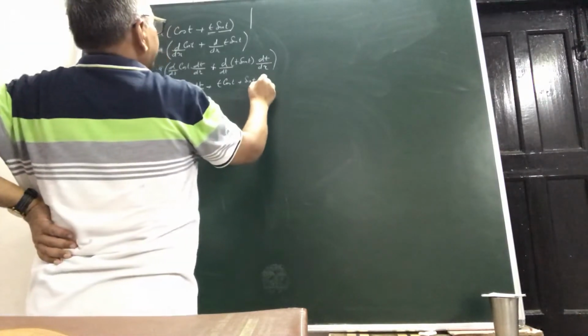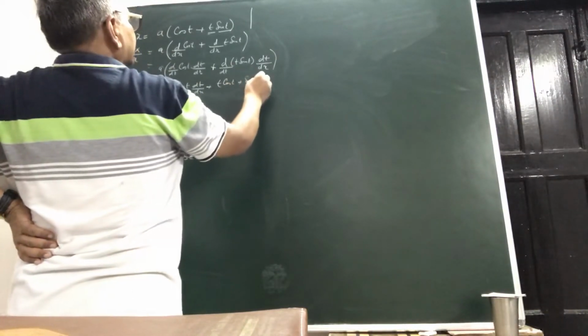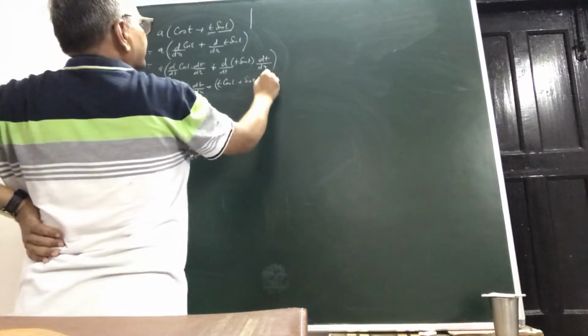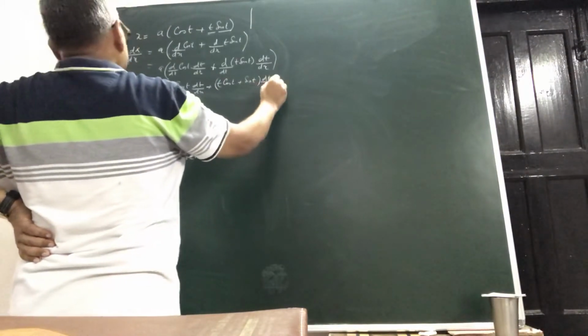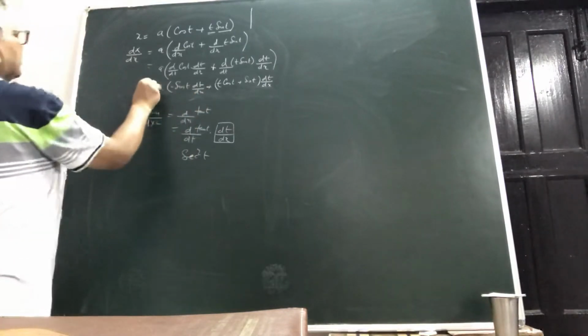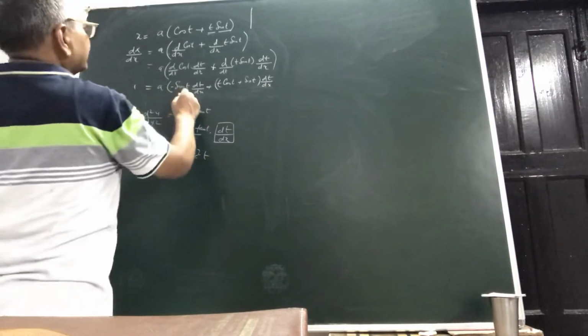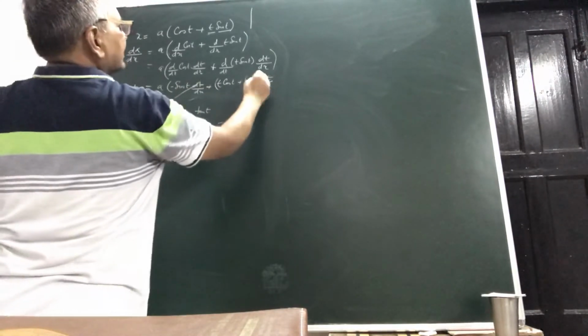Plus here d by dt is the product of two, so as in the earlier case it will be t cos t plus sin t, into dt by dx. Okay, this whole lot is with respect to dt by dx. Now please see, here this is your 1, so let us see what dt by dx will be. Here, see this minus sign, this thing will cancel.